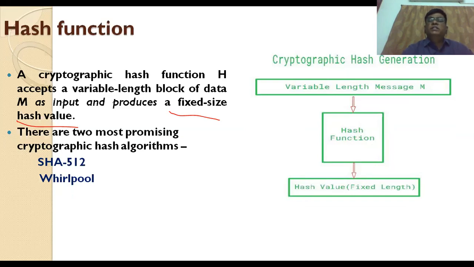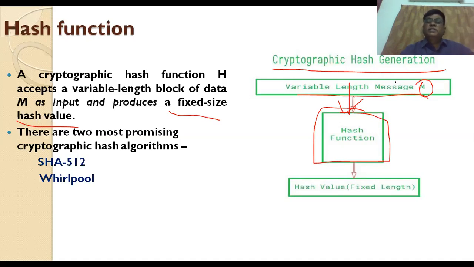For example, consider this diagram. This is the cryptographic hash generation. Assuming this is the hash function, the input to the hash function is a variable length message. M is the message. The size of this message is any size, sometimes 10 bits, 100 bits, 512 bits, any variable length.